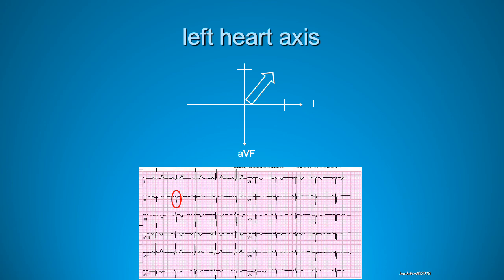And additionally, we look at lead 2, we see it's clearly negative, and we notice that the vector and thus the heart axis lies left from the perpendicular on lead 2. Lead 1 is positive, so there is indeed a left heart axis.